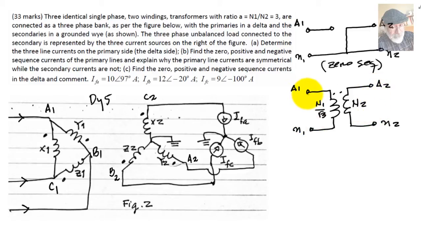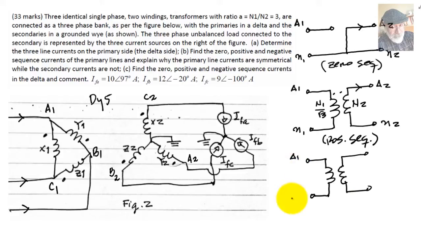So this current is 1 over √3 times the current in the secondary, but that is valid for the positive sequence. We need to find the positive sequence current in the lines of the secondary. We need to find the zero sequence currents of the secondary and also for the negative sequence. Here's the catch.